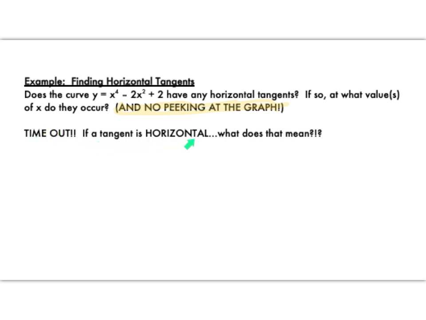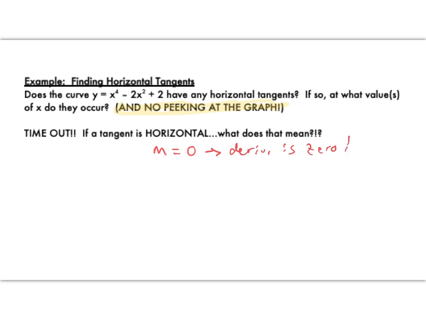If a tangent is horizontal, what does that mean? Well, if any line is horizontal, then we know its slope must be 0. So if a line's slope is 0, then that means that the derivative is 0.